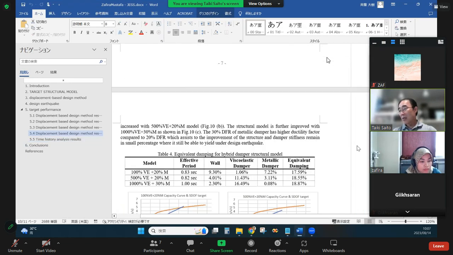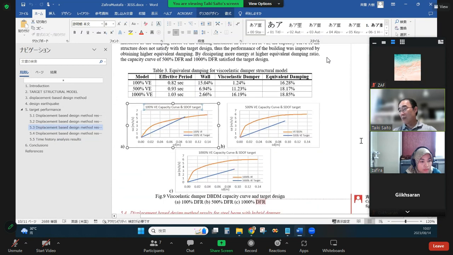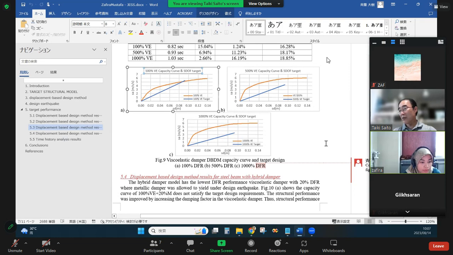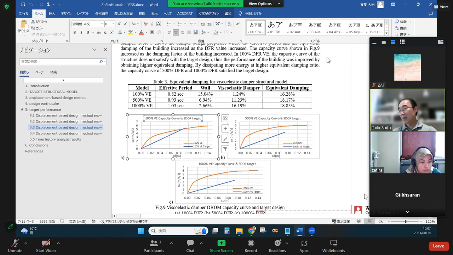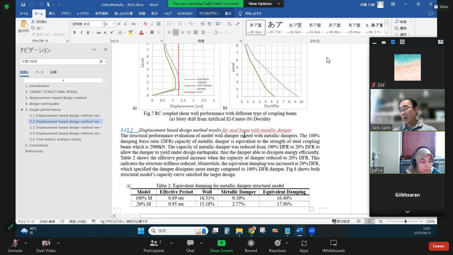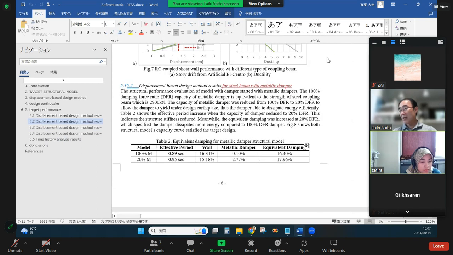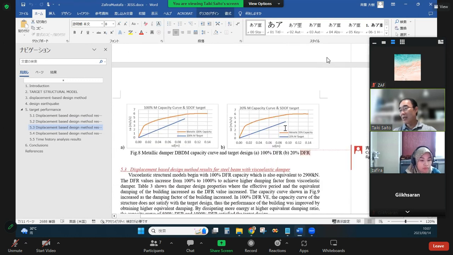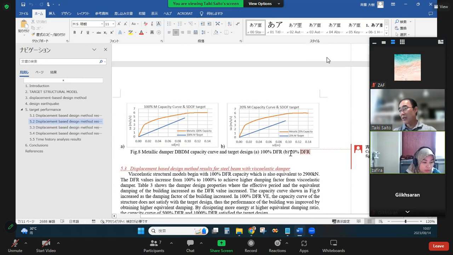For the paper, I want to suggest including time history analysis in each section. So section 5.2, steel beam with metallic damper: first you show the result of displacement design, then you compare with time history analysis.